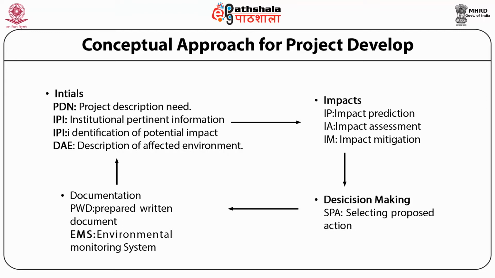The next step is the impact assessment, that is how much destruction of the environmental elements is carried out during the project development. And finally the third step is the impact mitigation, where the experts give their mitigation procedure or technology development to mitigate such potential impact of the project on the environment.